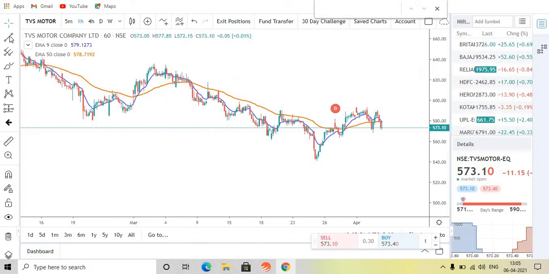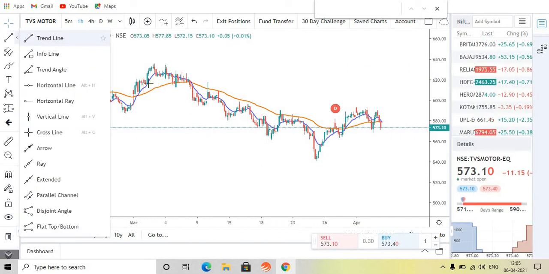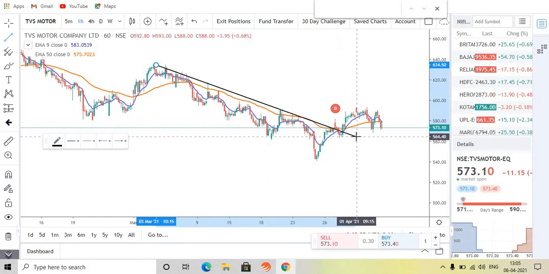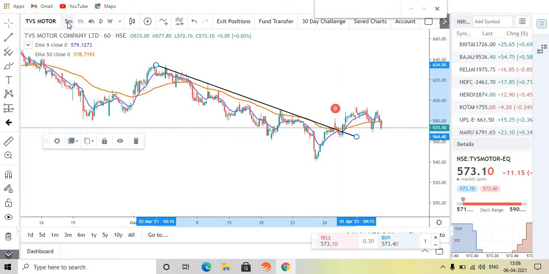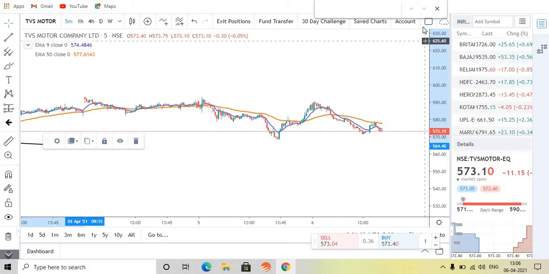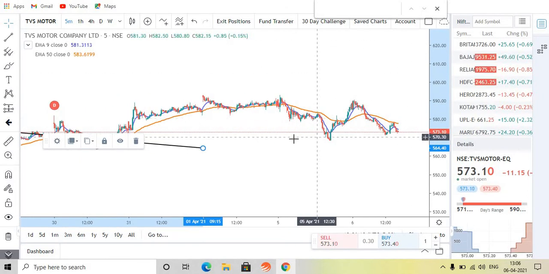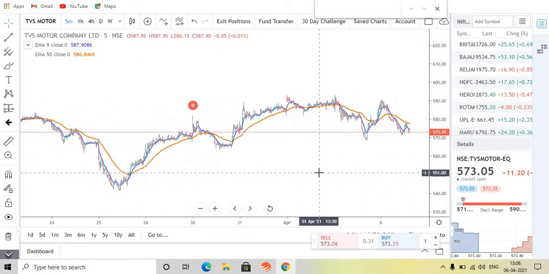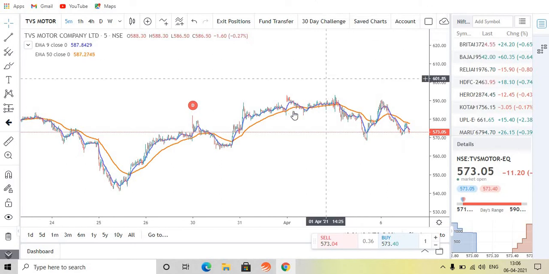So you should not enter the trade for a buying signal when the market is completely going in a downtrend. We are seeing the 5 minutes time frame because we are going to use the intraday trading signal so that we can enter and exit on the same day with some profits.